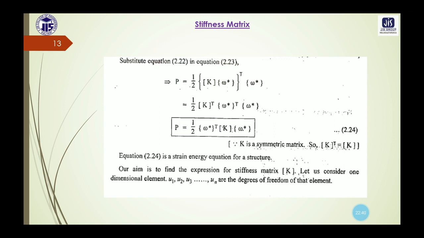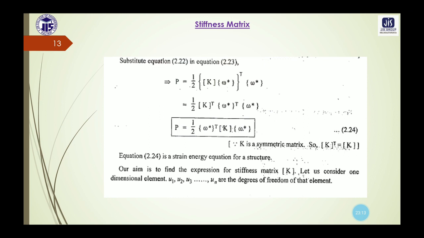So the work done equals half omega star transpose multiplied by K, which is a symmetric matrix, multiplied by the column matrix omega star. As K is a symmetric matrix, which we have seen earlier, K transpose equals K. This is equation number 2.24, the strain energy equation for a structure.